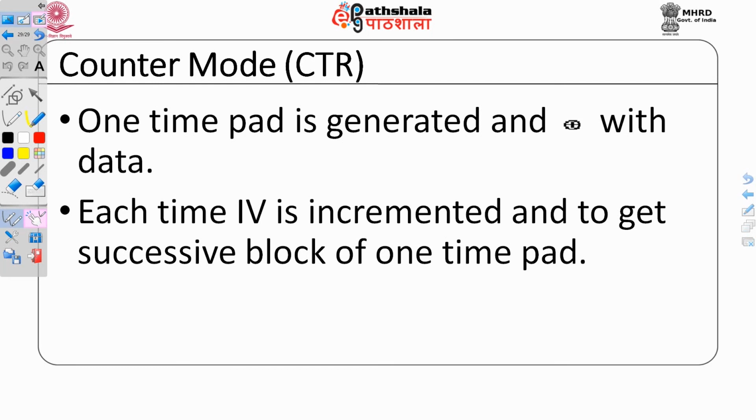The counter is nothing but a one time pad which we have generated. We can call it an initialization vector. The initialization vector is incremented by 1 to get the successive block of one time pad.